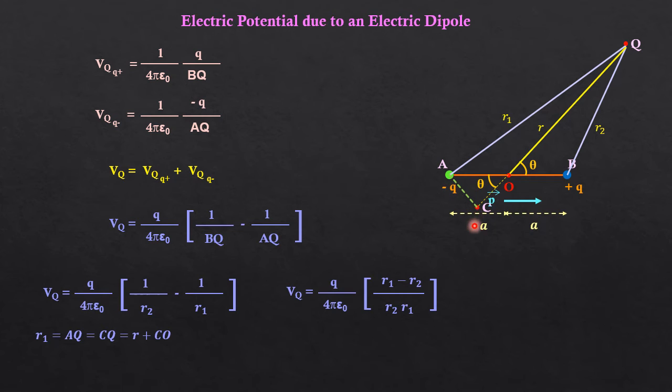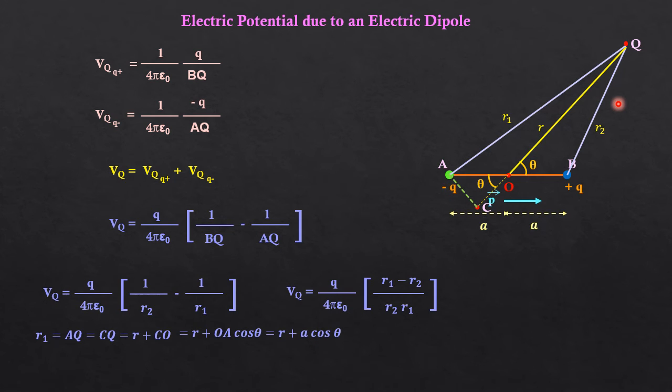AO can be written as small letter A. So in this expression, for CO, let's substitute A cos theta. So you can write R plus OA cos theta, or simply R plus A cos theta. So you got R1 is equal to R plus A cos theta. That means we have written R1 in terms of R, A and theta.